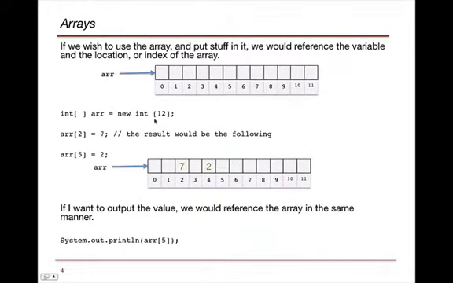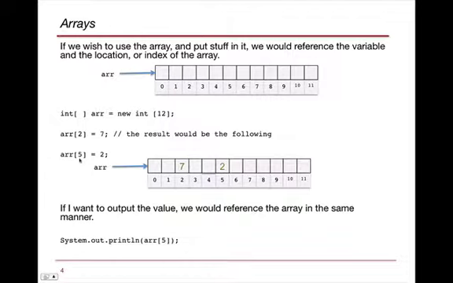So now that we've done that, we just need to figure out how to put stuff into it. And it's very simple. Once we have the declaration of the array, we can then do ARR, which is the variable, offset 2 equals 7. And it will find the ARR array, which is this memory location, find the number 2 index, and put the number 7 into it.